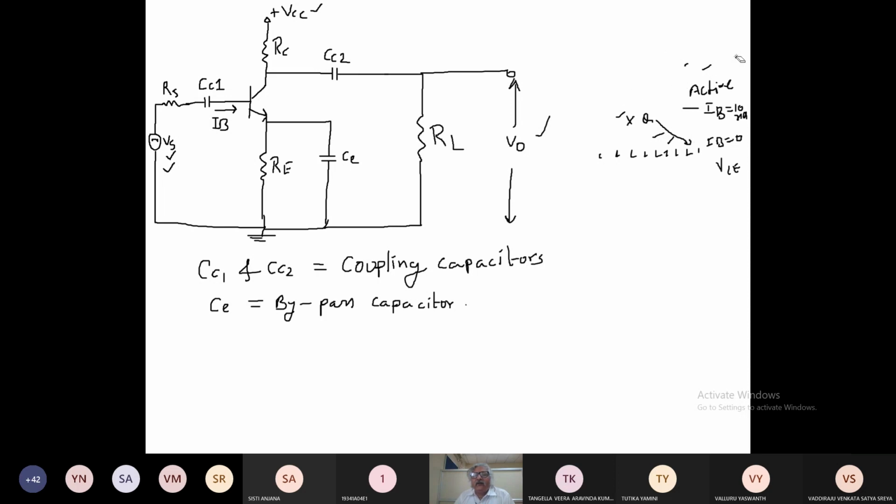One is the low frequency region, second is the mid frequency region, and third is the high frequency region. So in which region will these capacitors affect the operation of your amplifier?